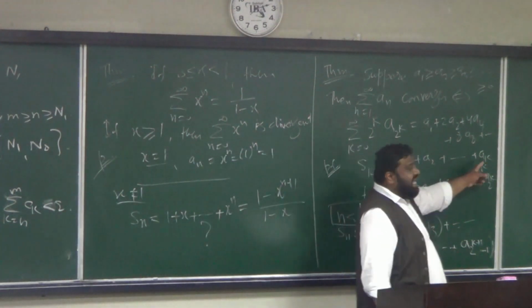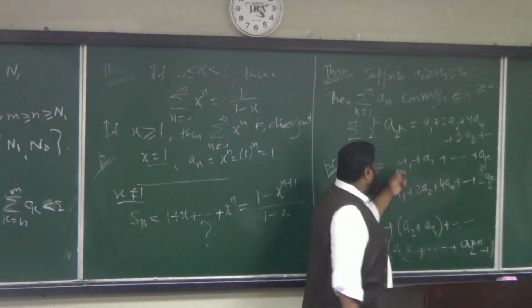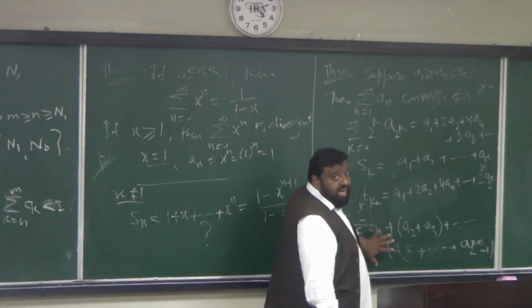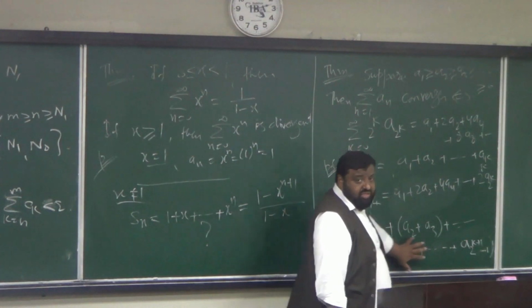It will go up to n actually. So on one side I have a_1 plus a_2 plus up to a_n, and on the other side I have all these terms.